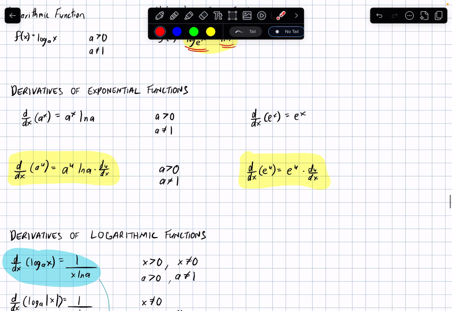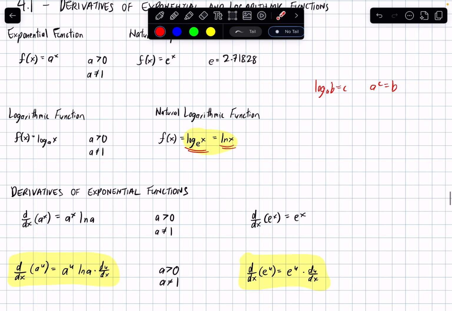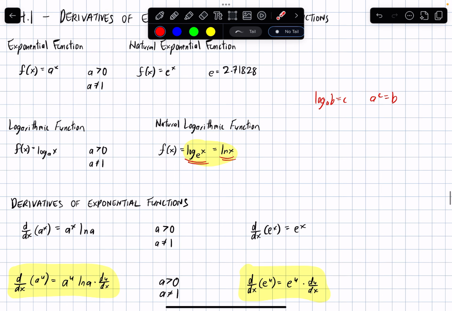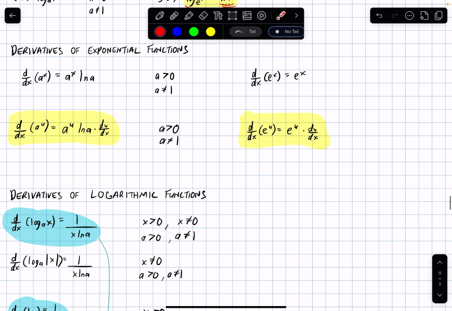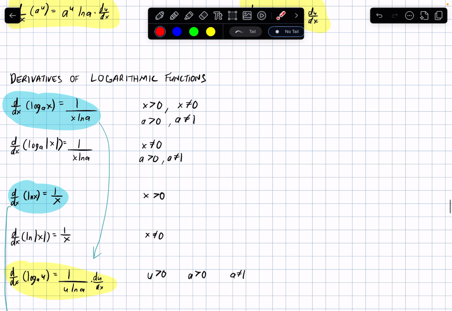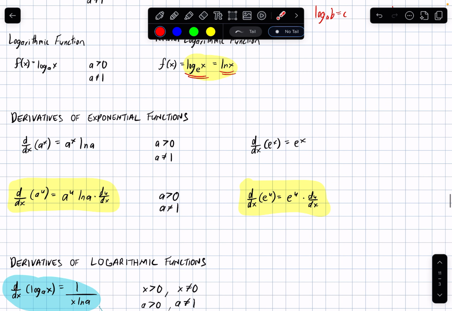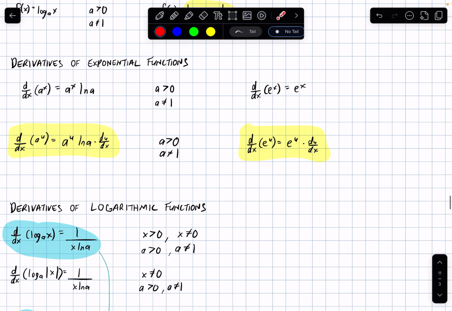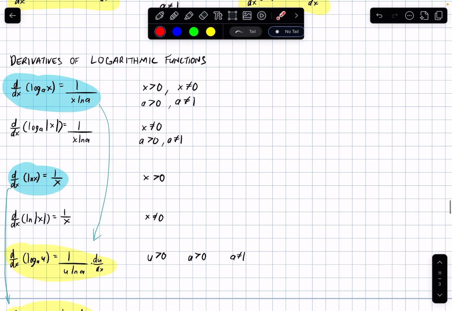Well, I may not be able to explain the formulas in the most expected manner, but I'll be demonstrating the formulas later when we start solving. Okay, so those are the derivatives of exponential functions. It's easy to memorize. Ideally memorized already.